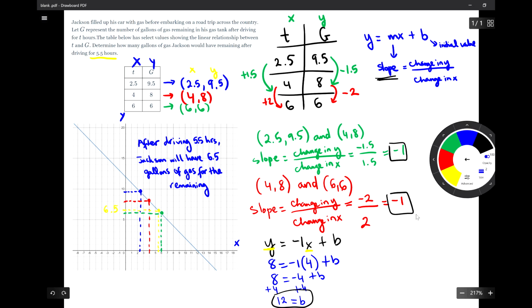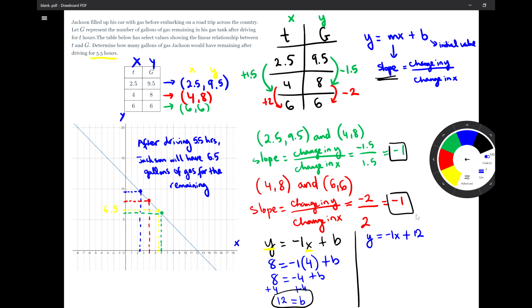And then next, I will go back to my equation and rewrite everything again. So I have y equals negative 1x, and instead of b, I will have plus 12.